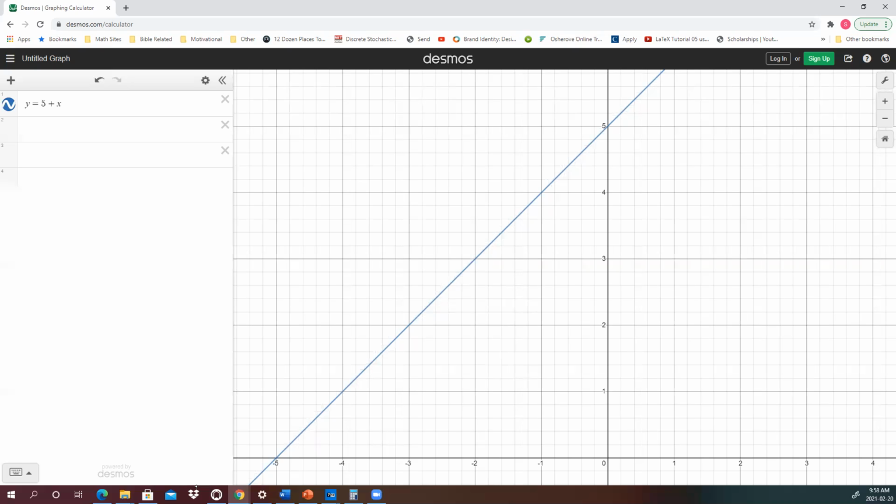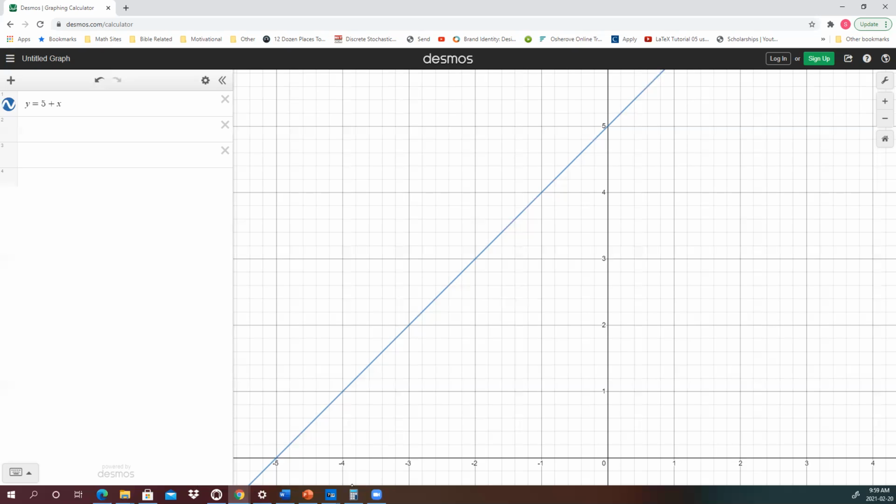We said that your y-intercept is the place where the line cuts the y-axis, and all you need to do is look on your graph and find where the y-axis and your line meet, and in this case it is 5. All right, so that's how you would go about doing it.